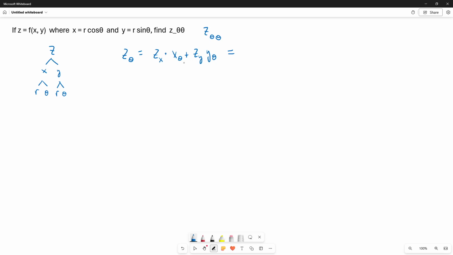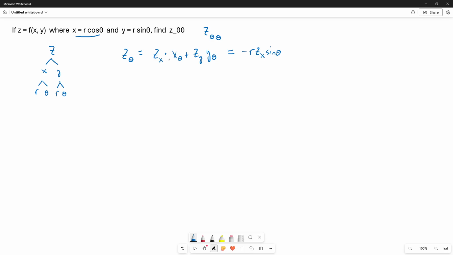This is the chain rule. So z sub x times x sub theta is negative r sine theta. So this is negative r z sub x sine theta.